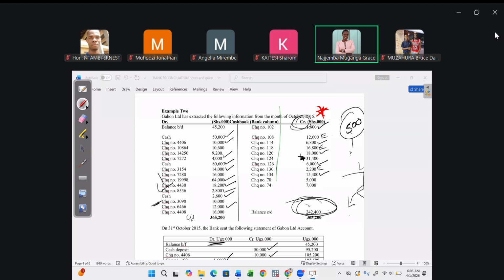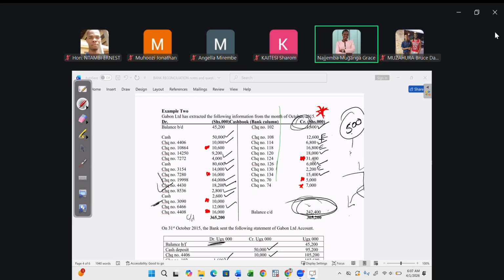To see it boldly. 5,000 and 7,000. Then unticked on the debit, we have that. We have this. So you see why it's important to tick and indicate whether there is an error, because if you don't tick, we shall assume it's okay and we post.